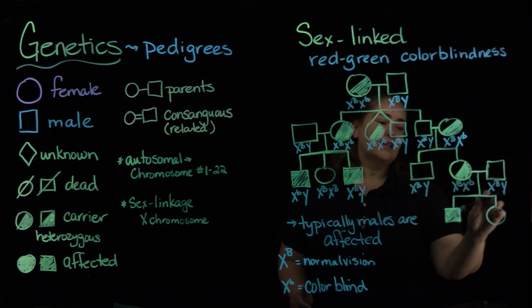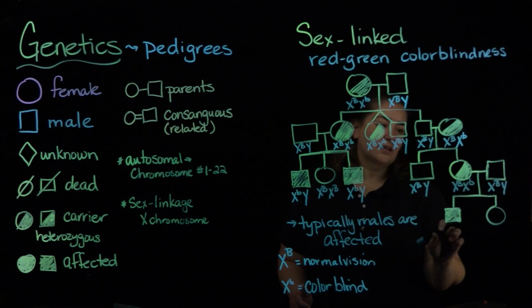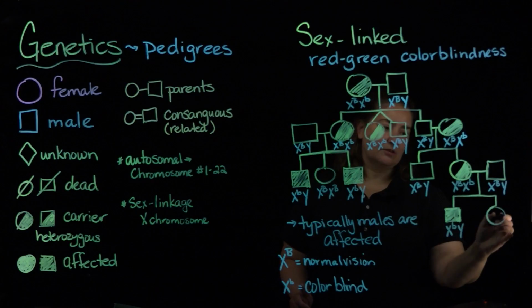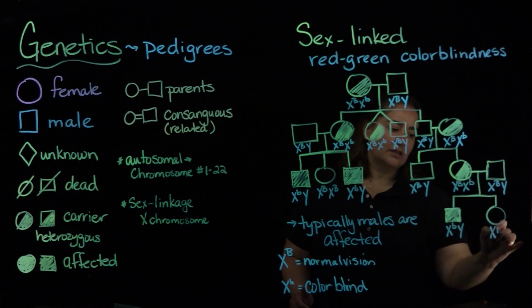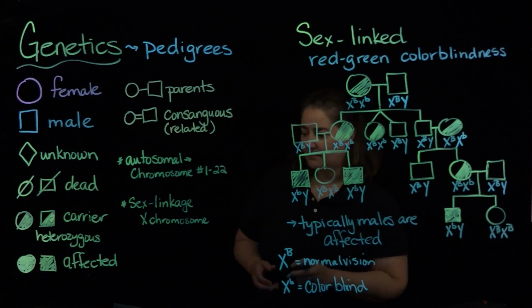And again, they have an affected son. So that son had to inherit that X chromosome from mom because he got the Y chromosome from dad. This daughter, again, got both normal alleles from parents.